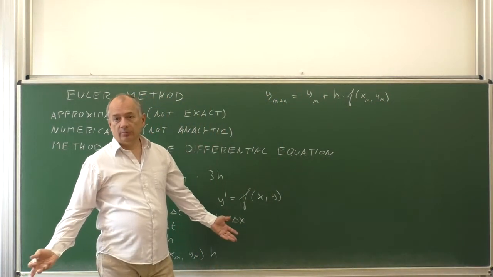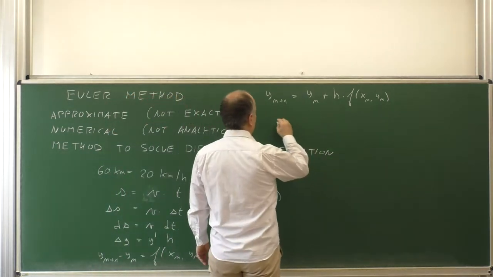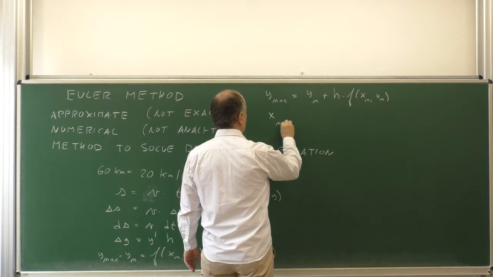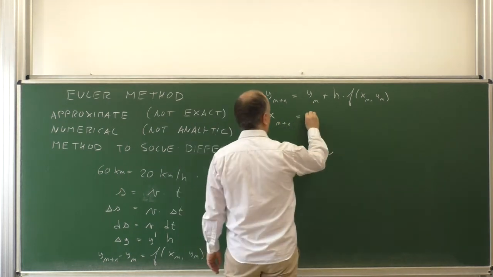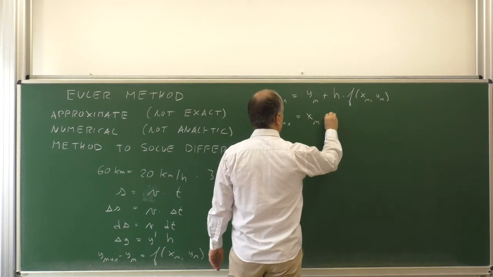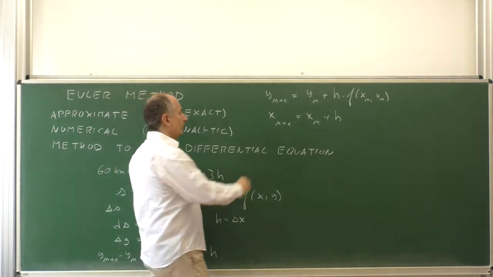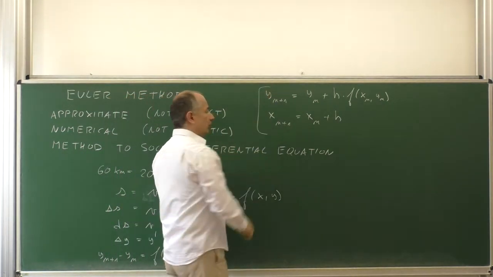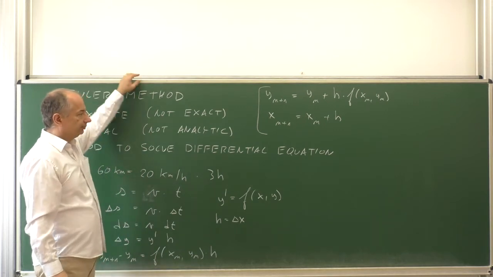And we want some rule how to update the independent variable x. The new value of x, namely xn plus 1, is the old value plus h, the step size. And these are the formulas that are called Euler method.